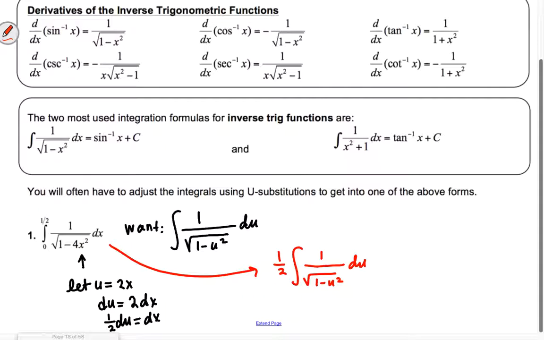So I have 1 over the square root of 1 minus u squared du. Now, since this is a definite integral, we have our 0 to 1/2. We can change those numbers as well. So my u of 1/2 and my u of 0. When I plug in 1/2 to my u function, u equals 2x, I get 2x times 1/2 is 1. When I plug in 0, 2 times 0 is 0. So I'm going to go from 0 to 1.